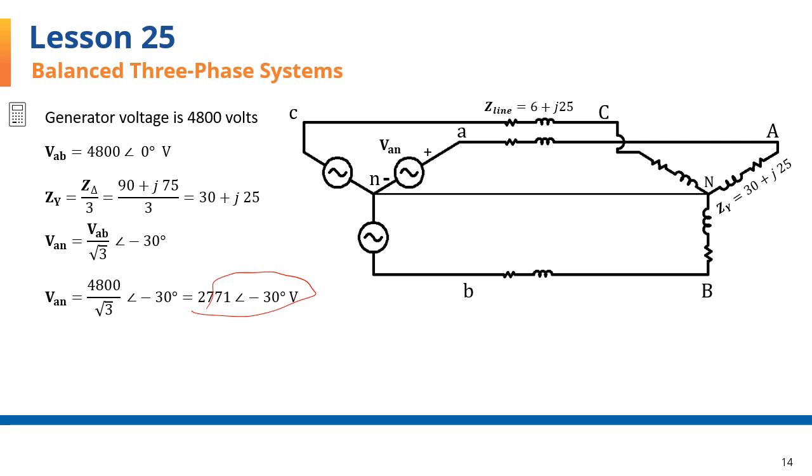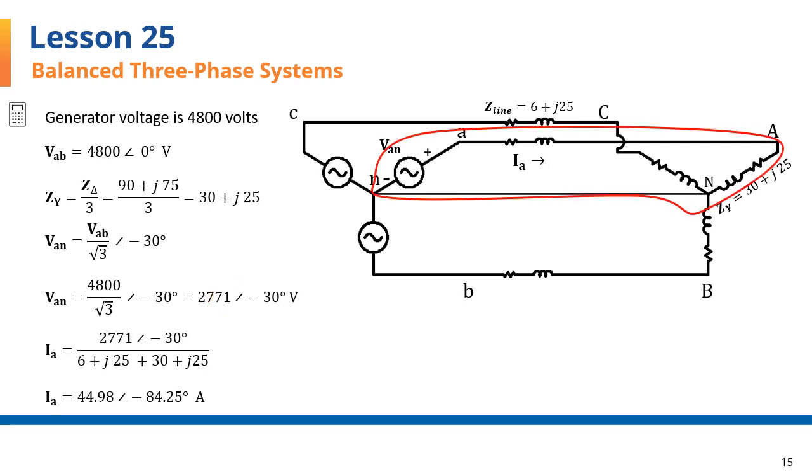Using the A phase line-to-neutral equivalent of this system, IA will be calculated as this voltage VAN over the sum of the two impedances, of the line and of the single phase of the load.